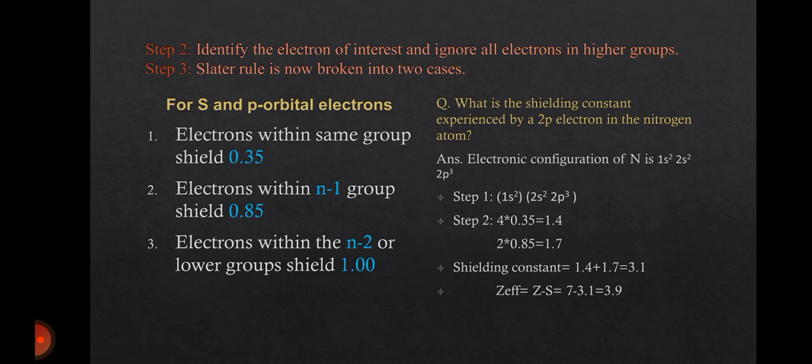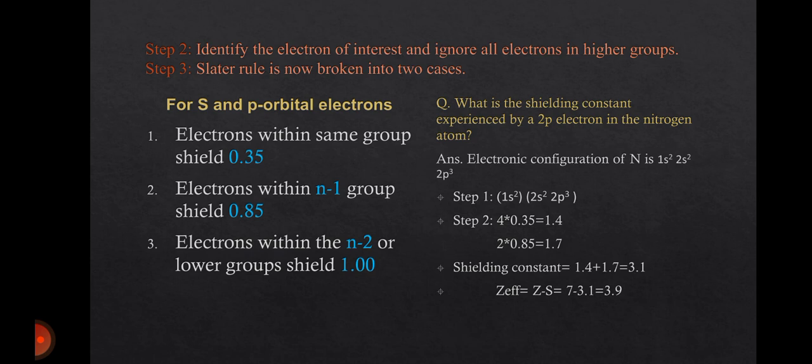So the question is, what is the shielding constant experienced by a 2p electron in the nitrogen atom? We have to find the shielding constant of a 2p electron. First we write the electronic configuration of nitrogen.